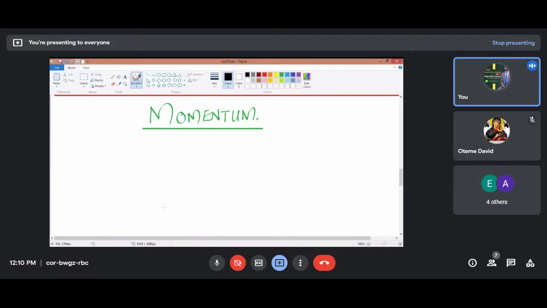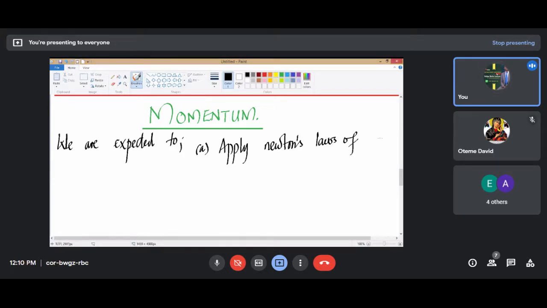We are expected to, one, apply Newton's laws of motion, and two, calculate the impulse.